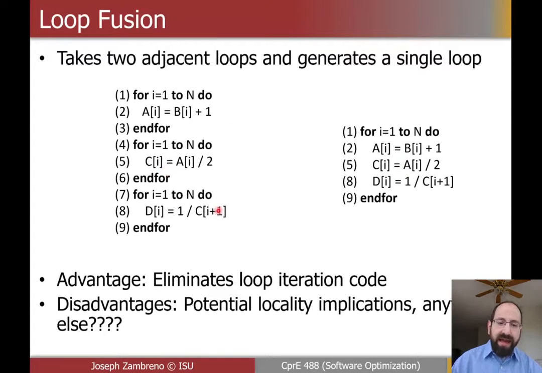Between C of I and C of I plus 1, we also have a read after write dependency. Now, by fusing that second and that third loop together, we've actually broken the order of that access, right? It was write to C of 1, then C of 2, then C of 3, followed by a read of C of 2, C of 3, C of 4.